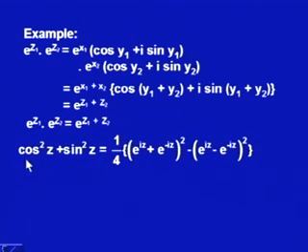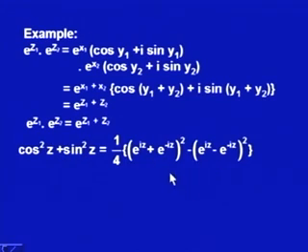Then cos²z + sin²z is also 1, one can check from here. I am writing 1/4 (e^(iz) + e^(-iz))² for cos²z, and this is written for sin²z.